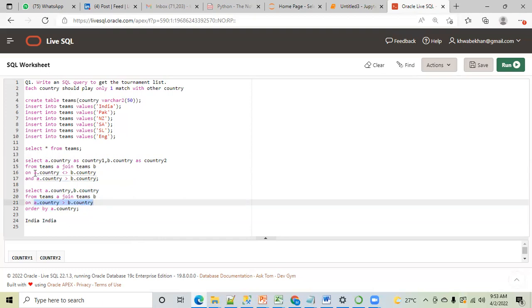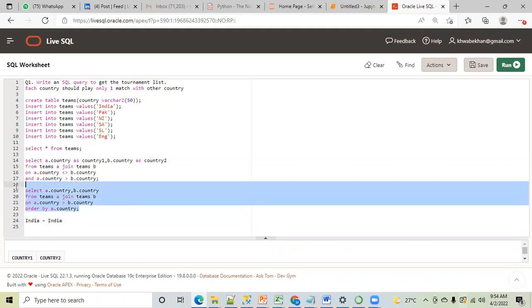You want that these two countries should not be fetched. India should not be fetched, right? That is the expectation. So if you have written A dot country greater than B dot country, India and India, they both are same. So in this case, this condition will fail, and automatically you will not get this record.